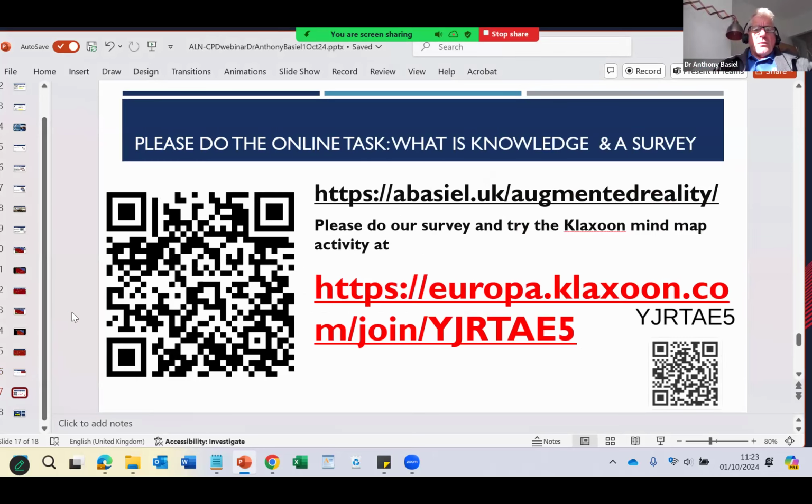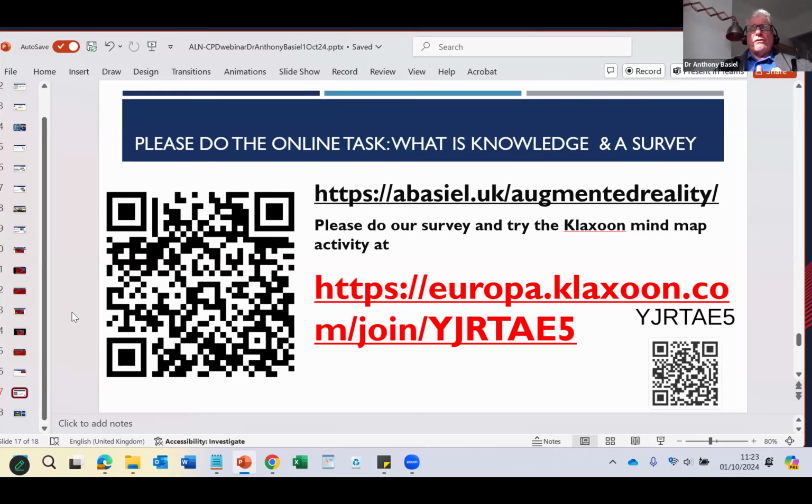Okay, so, well, we're hoping that people enjoyed this exercise and this look at different assessment models. There's a couple things that we're going to ask you to do. If you haven't yet gone to the abasel.uk/augmented reality website, and that link will take you there for the QR code, pop in for us.